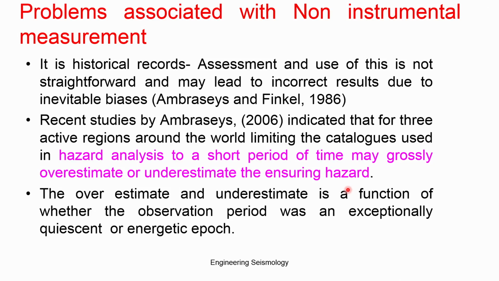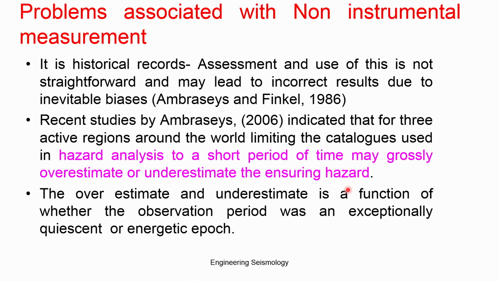Recent studies by Ambraseys indicated that for active regions around the world, limited catalogs are used in hazard analysis over a short period of time and may grossly overestimate or underestimate the hazard. So, if intensity values are used purely to predict a hazard in a particular case, it may overestimate or underestimate, because these are all non-instrumental recorded data.